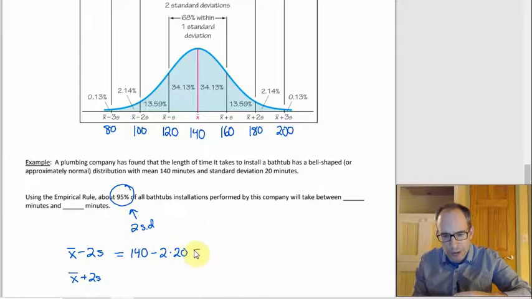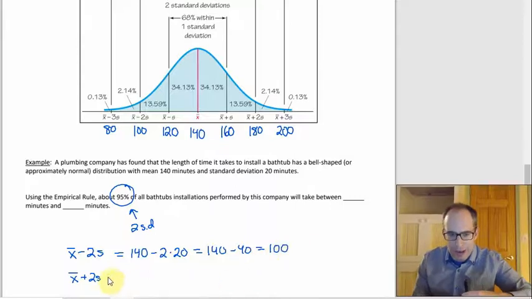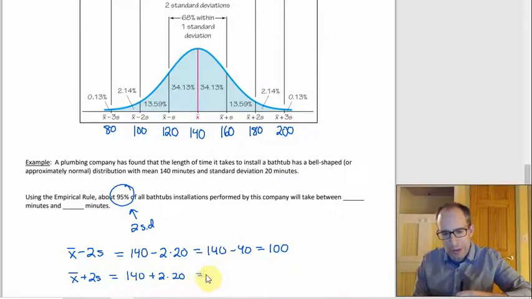But 2 times 20 is 40. So this is 140 minus 40, which is 100. And then x bar plus 2s would be 140 plus 2 times 20. So it's going to be 140 plus 40, which is 180.